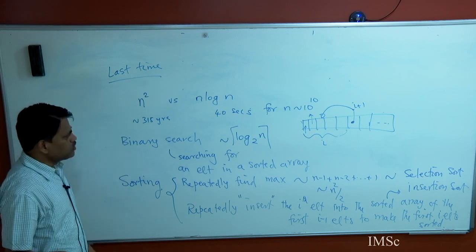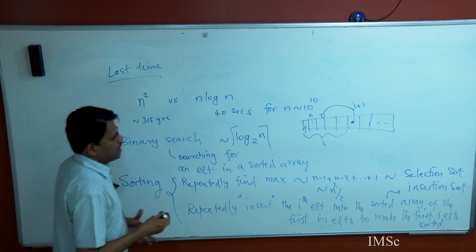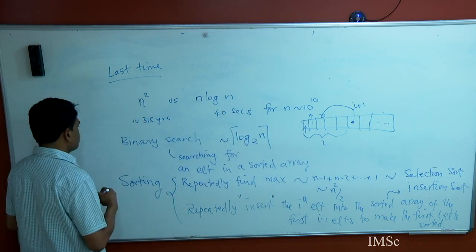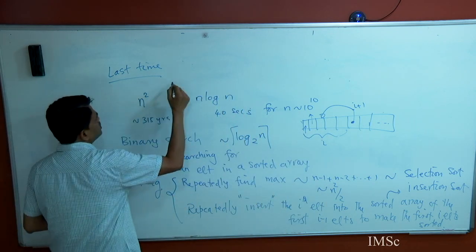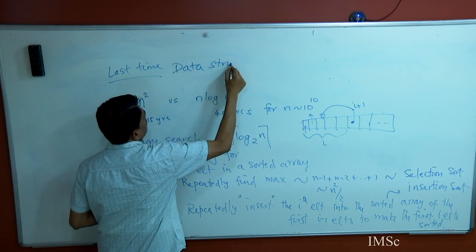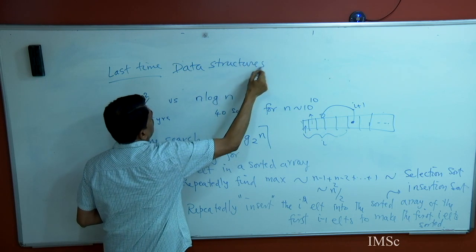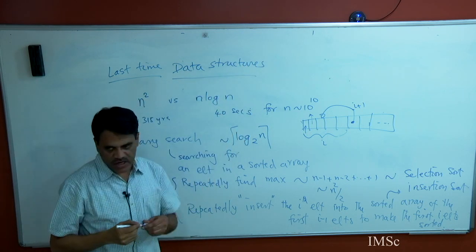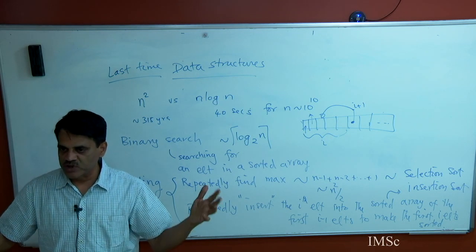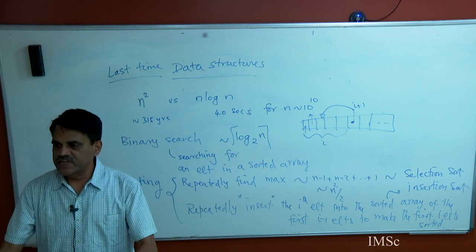This also brings us to this notion of data structures, right. That is one of the things we will look at in this course. Which is, how do I organize a set of data so that certain operations on them can be efficiently supported.